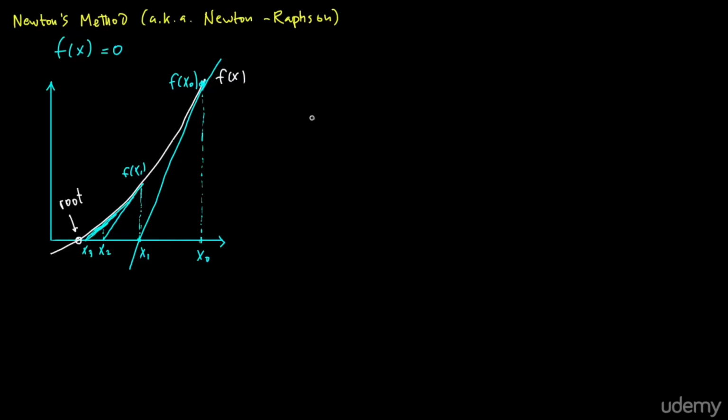So essentially, if we were to formulate this symbolically, we would say that the iteration x_{i+1} is computed based on x_i minus the value of the function at x_i divided by the first derivative, once again at x_i.